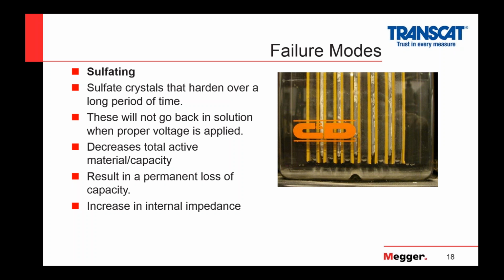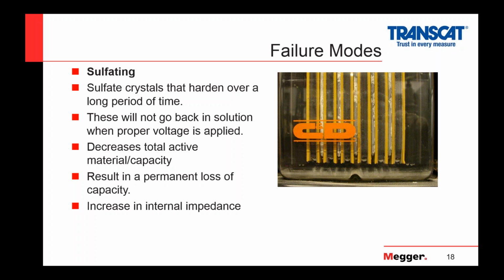This is where we increase the voltage across the battery, the float voltage, for a period of time, to try to break down sulfation crystals, and we can get capacity back in the battery this way. However, it only works for breaking down sulfate crystals.